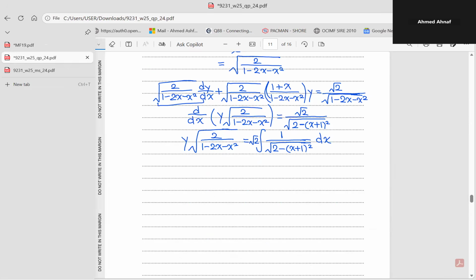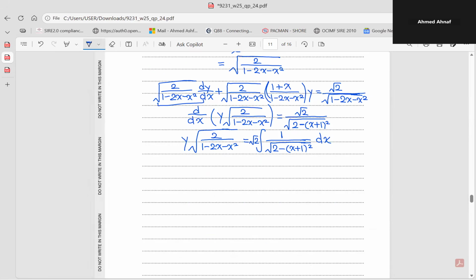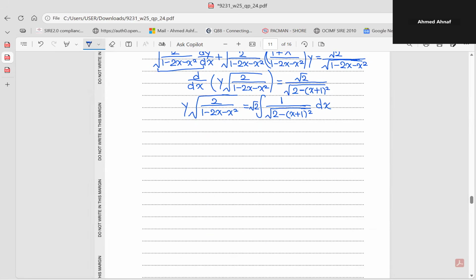If it's close to sine inverse x, we'll substitute x plus 1 as square root 2 sine u. So x plus 1 is square root 2 sine u, and dx du is square root 2 cosine u. And dx is square root 2 cos u du.